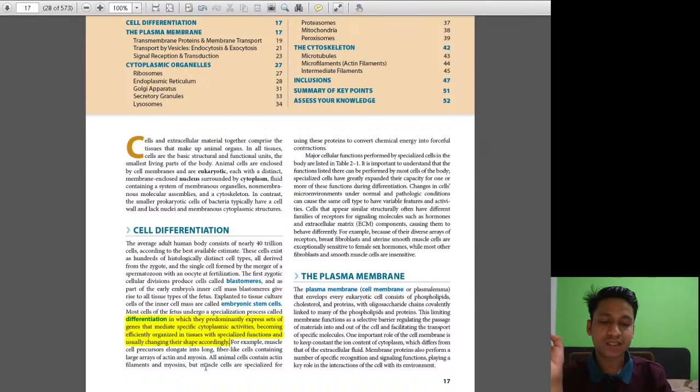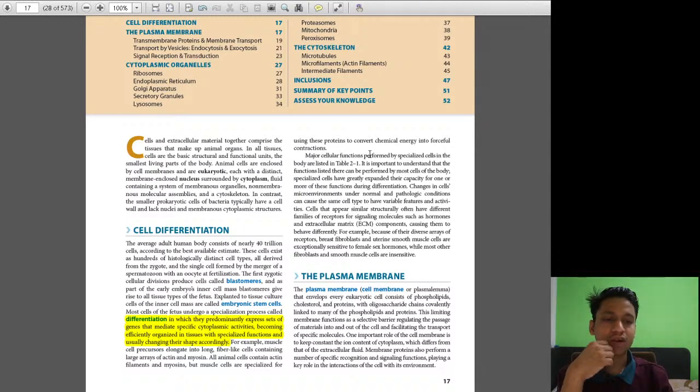All animal cells contain actin filaments and myosins, but muscle cells are specialized for using these proteins to convert chemical energy into forceful contractions. We know the role of muscles, actin and myosin. We'll study muscles in detail in histology.